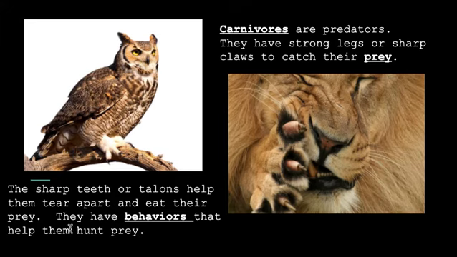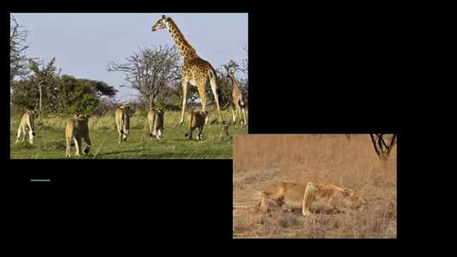They also hunt, and they have certain behaviors that they do to help them hunt. Carnivores like a lion, this one's pretty cool. Look at these claws that are also used to catch their prey. So lions and other big cats also use a behavior called pack hunting, and they also sneak up on herds of herbivores.